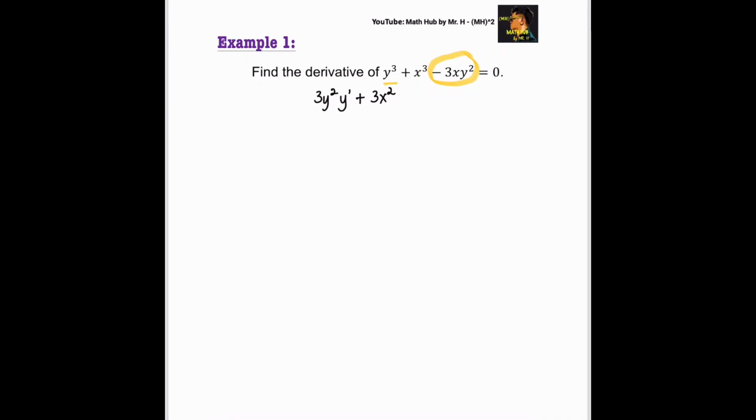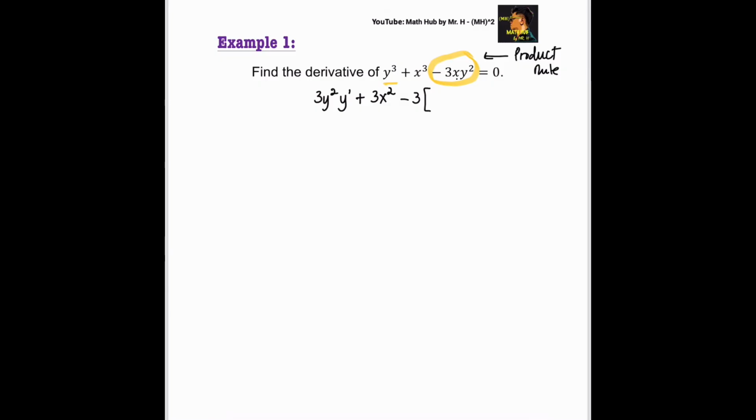As you can see, variables x and y are present in one term, so we need to apply the product rule. You have x as one factor and another factor which is y squared. So we can separate 3 first and apply the product rule for xy squared.